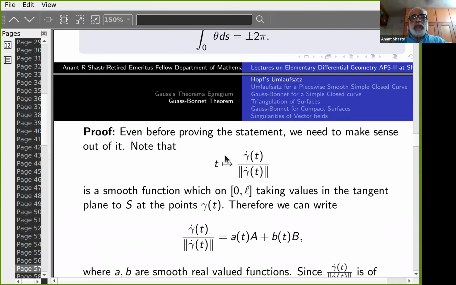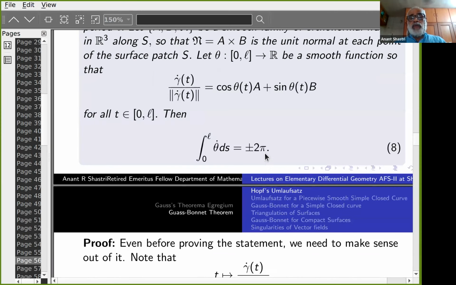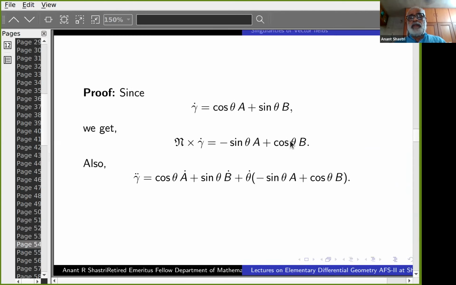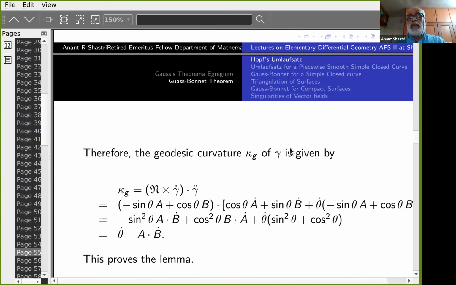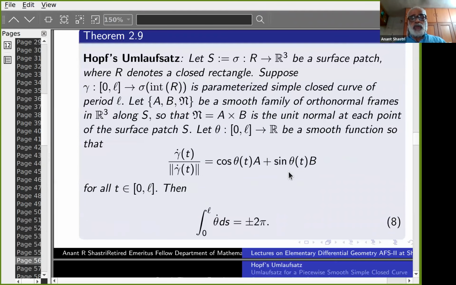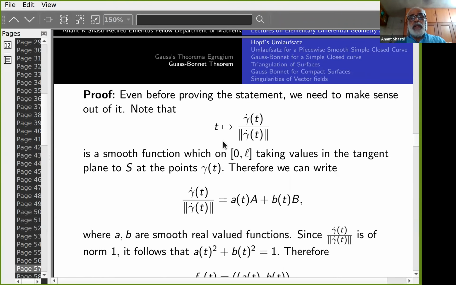So let us start. First of all, I repeat, even before proving the statement, I am justifying why you can have cos theta, sin theta. In fact, I have already done that in the previous lemma. That justification is the content of the last lecture, so again I have repeated it. T going to gamma dot t by norm gamma dot t is some continuous or smooth function taking values inside S1, the unit vector.